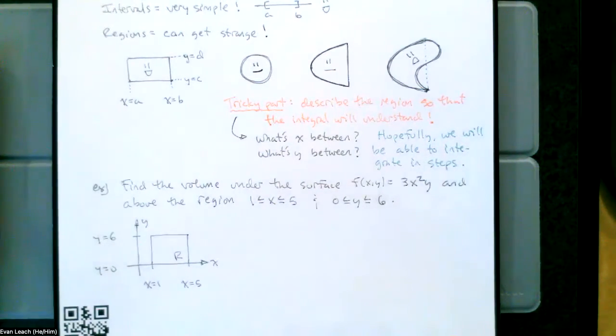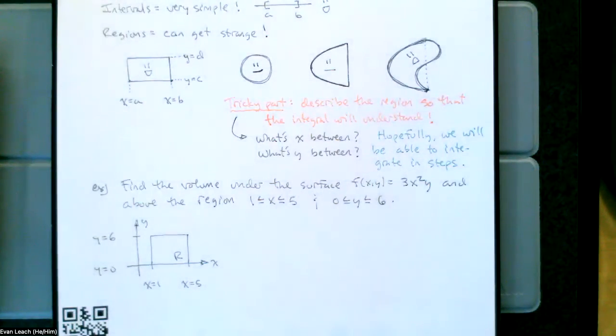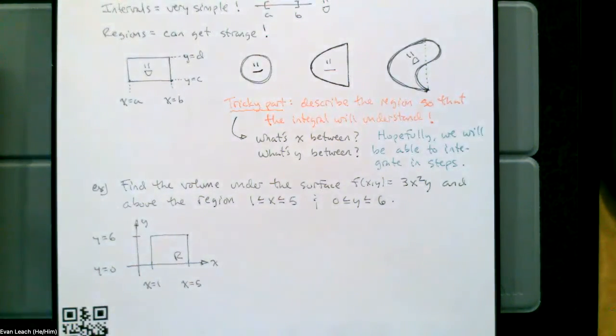There's our region. I said that our hope is that we could just integrate in pieces, or integrate in steps. What I mean is, hopefully we'll be able to set this up with an X integral followed by a Y integral, or a Y integral followed by an X integral.